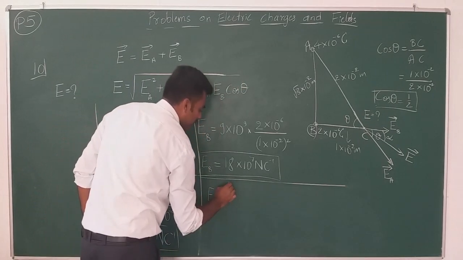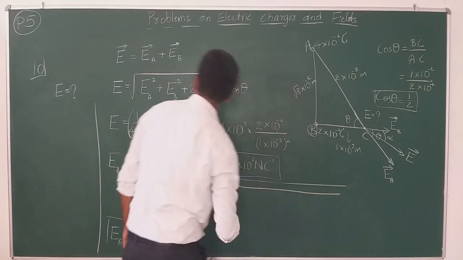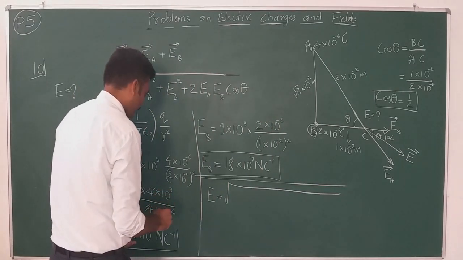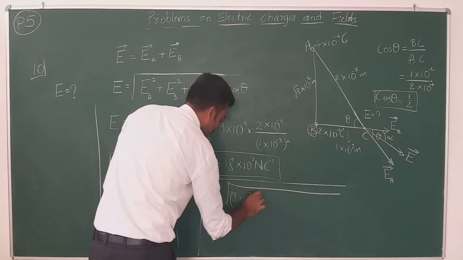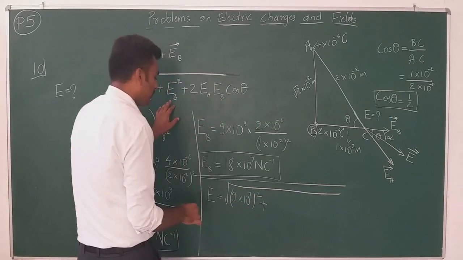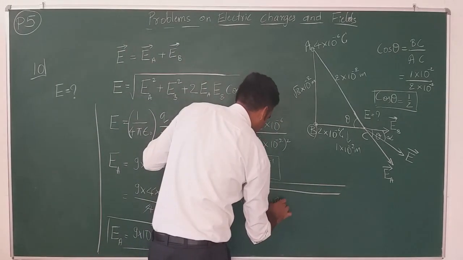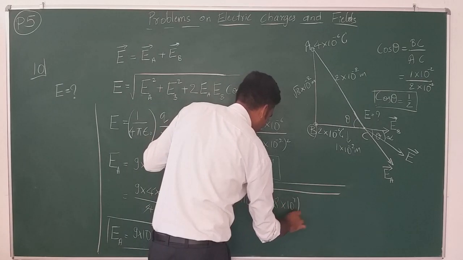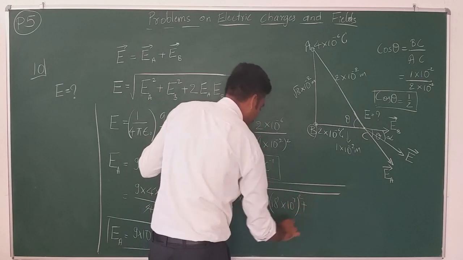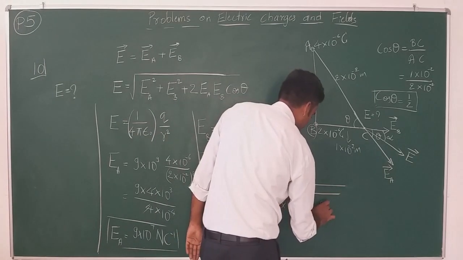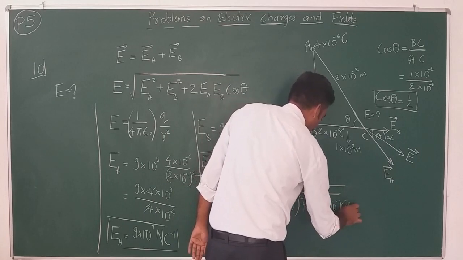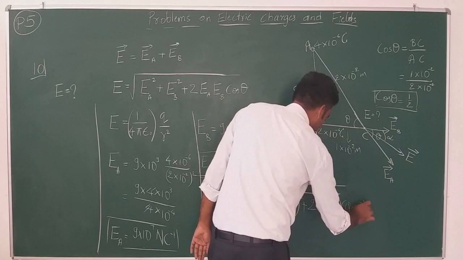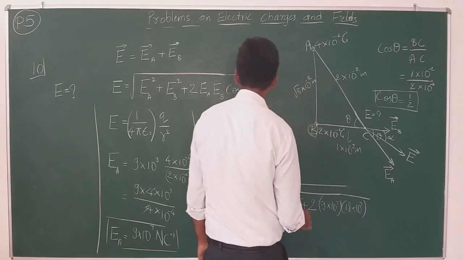E is equal to root of EA squared, which is 9 into 10 to the power of 7 squared, plus EB squared, which is 18 into 10 to the power of 7 squared, plus 2 EA EB, 9 into 10 to the power of 7 into 18 into 10 to the power of 7 cos theta.